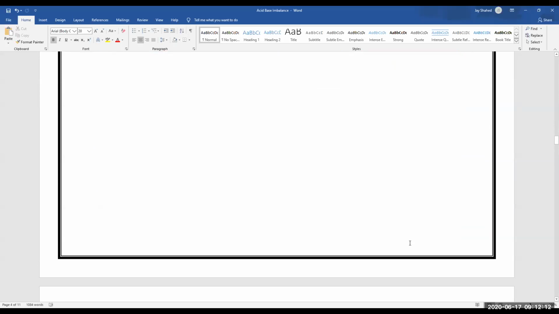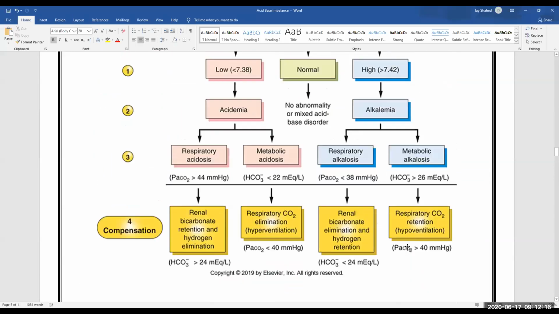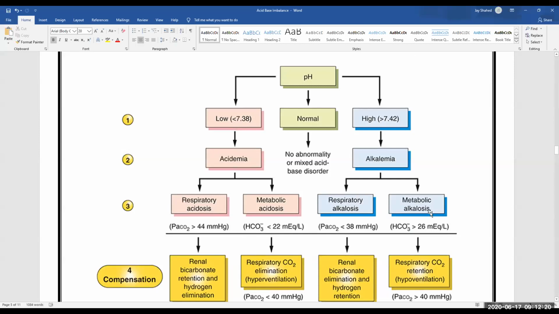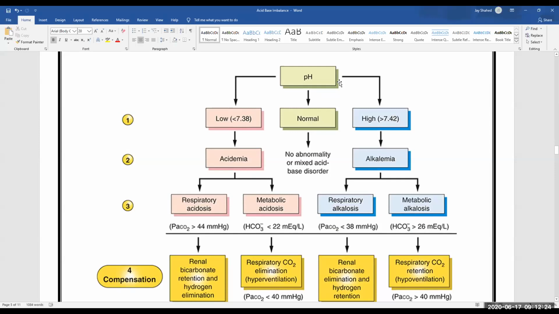So here are the charts. This is basically the whole mechanism, everything we discussed in general by looking at this. So the pH lower, you become acidemia, and then respiratory or metabolic. Respiratory greater than 40.